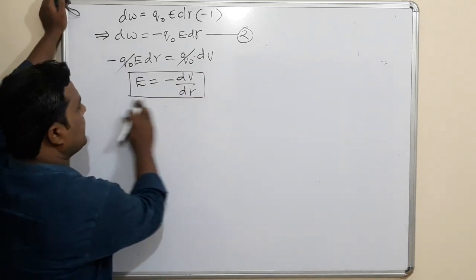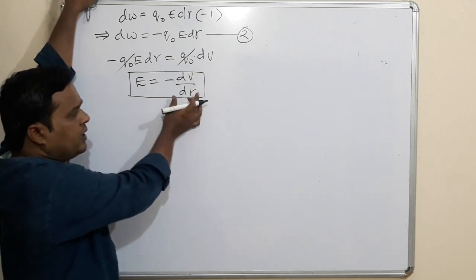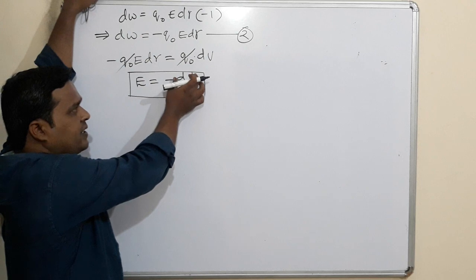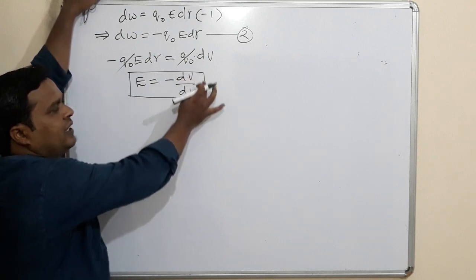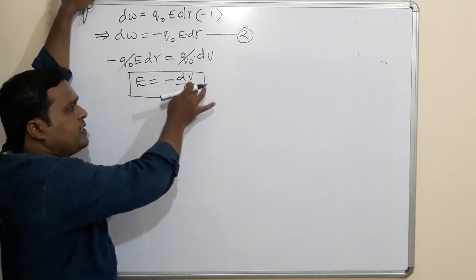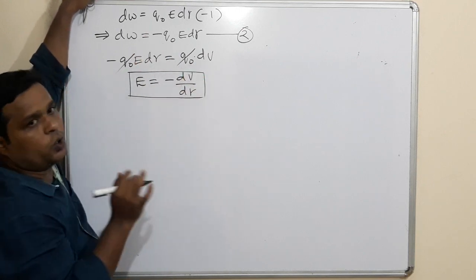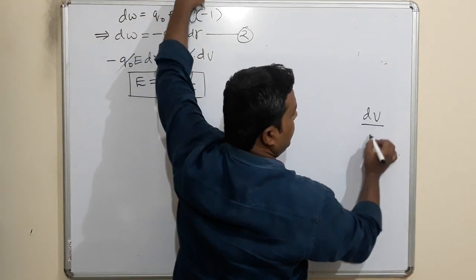This dV by dr, what is dV? Potential difference. What is dr? Distance. This equation gives me potential difference per unit distance. Potential difference per unit distance is also called the gradient of potential. See, this is dV by dx.